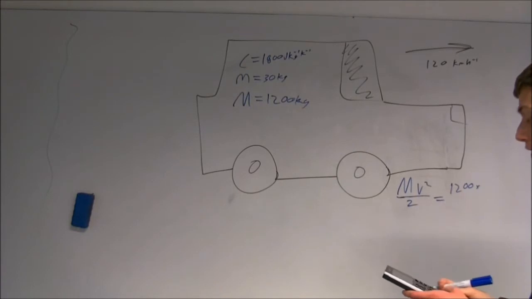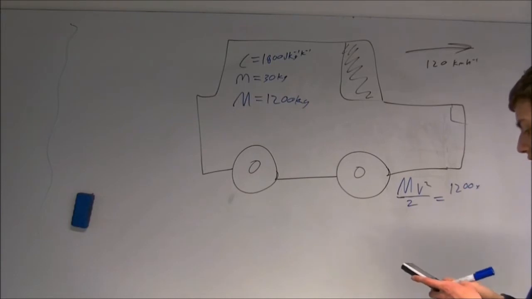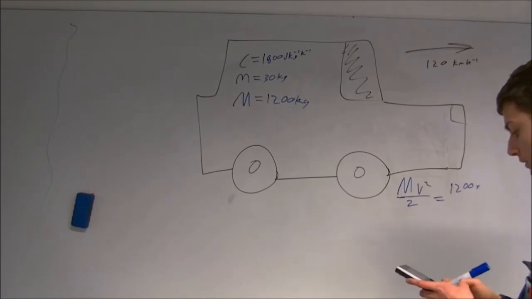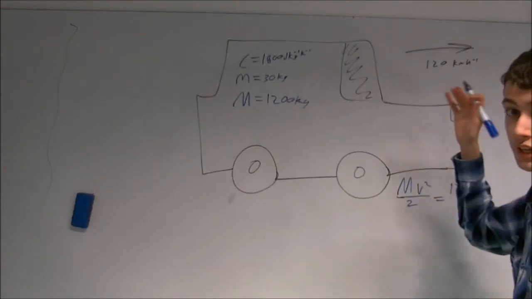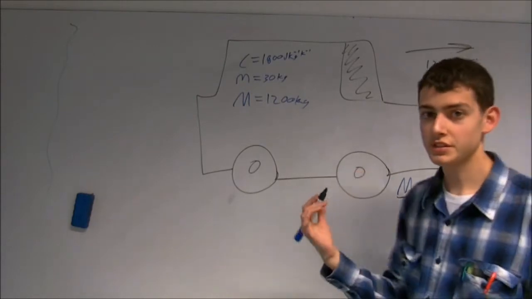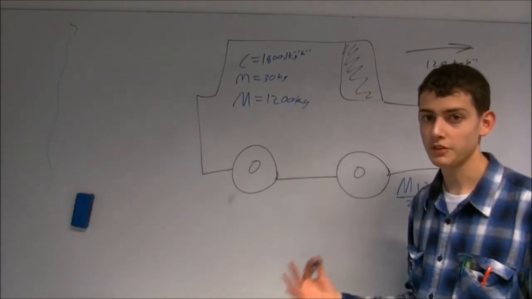So that is going to be 120 times 1000 divided by 60 squared. 60, because a minute is a 60th of an hour.